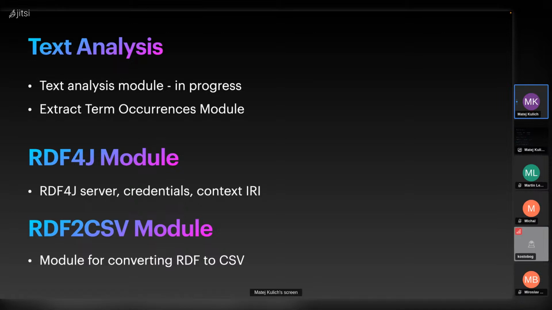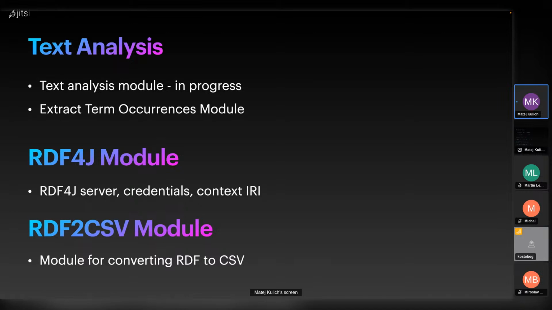Then we have the other one, extract term occurrences, and as the name suggests, it extracts term occurrences from annotated literals of input RDF, and these literals are annotated by RDFa, which is RDF but in HTML attributes, and it is annotated using terminology to mark occurrences of terms and rate them with a score. The combination of these two modules allows us to annotate literals and then get the term occurrences.